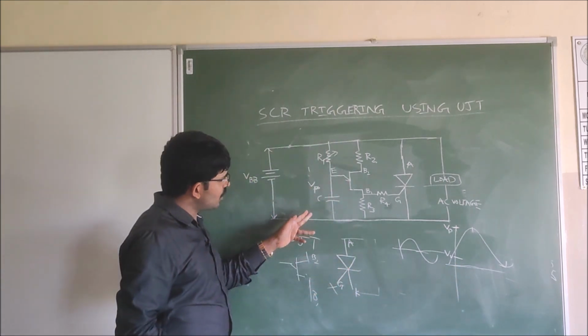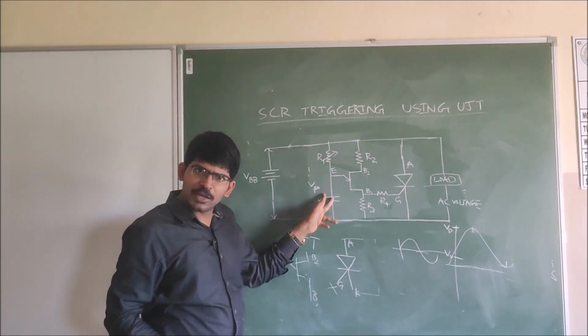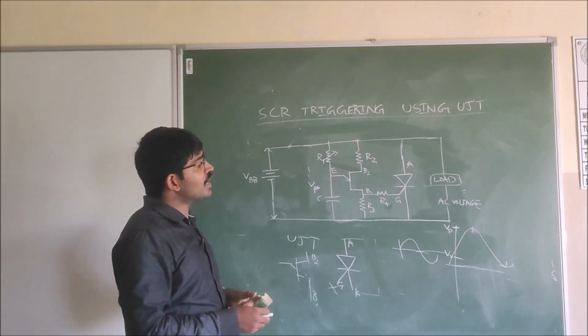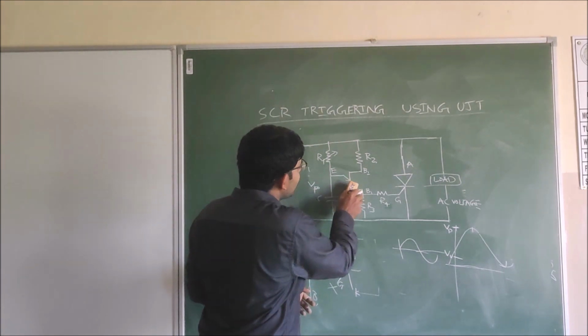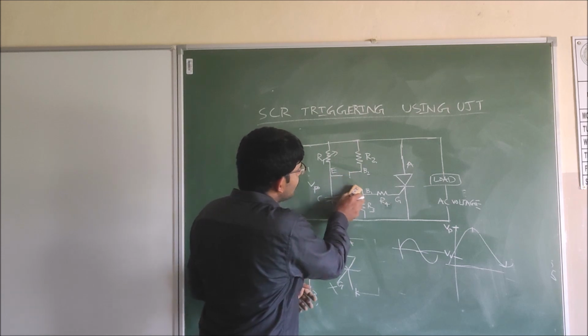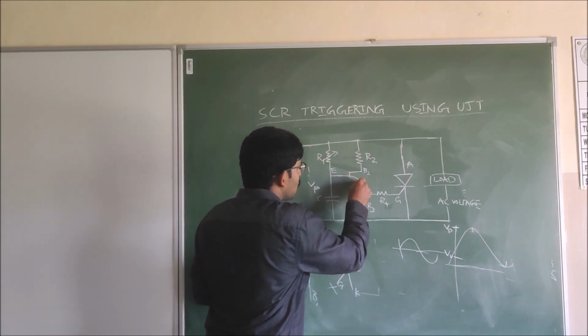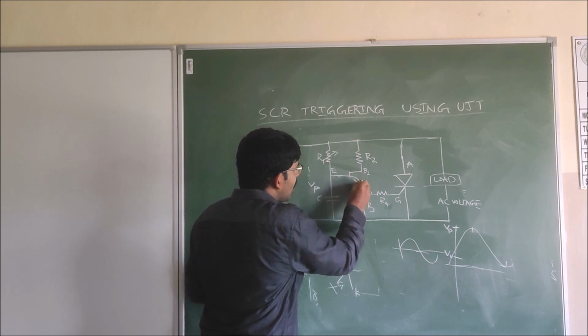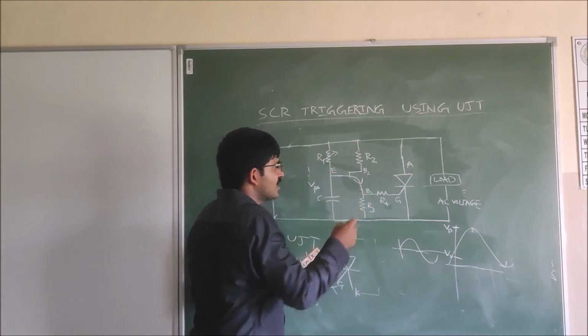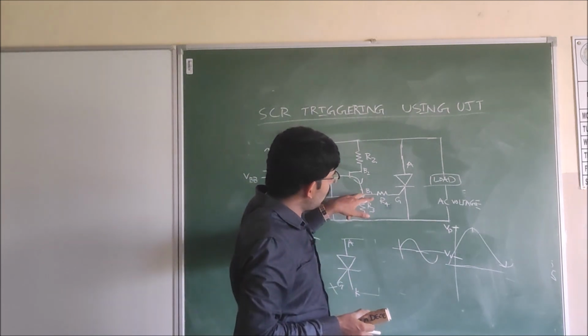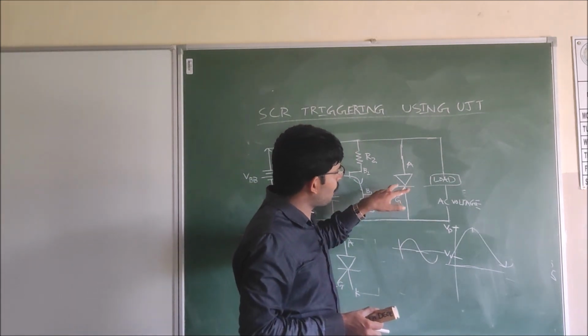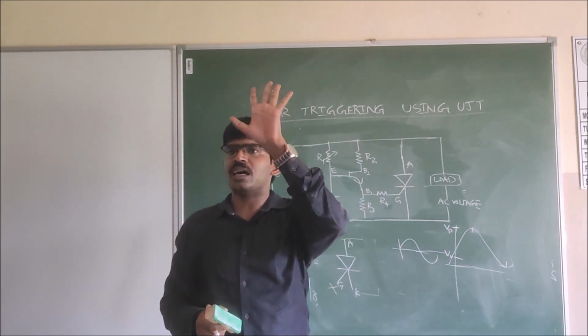Once the voltage across the capacitor reaches the peak voltage, the UJT immediately turns on. Because the UJT is turned on, it acts like a short circuit and the capacitor starts discharging through the resistor R3. So the same voltage will be given as a pulse to the gate of the SCR.